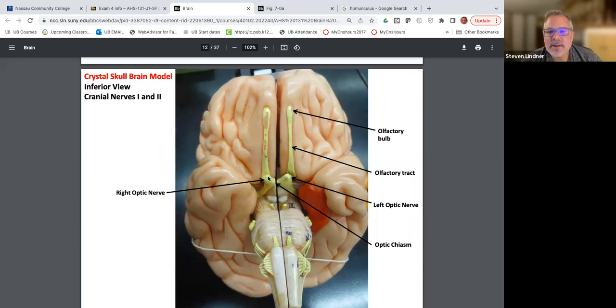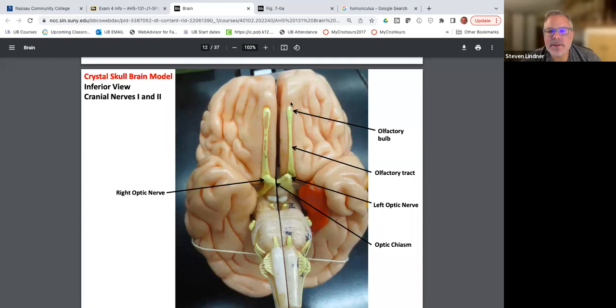Here, this is the optic nerve, which is cranial nerve number 2. Whenever we write cranial nerves, we always write them in Roman numeral. Where the two optic nerves crisscross, right here in the center, it's called the optic chiasm. That's where both of these crisscross.